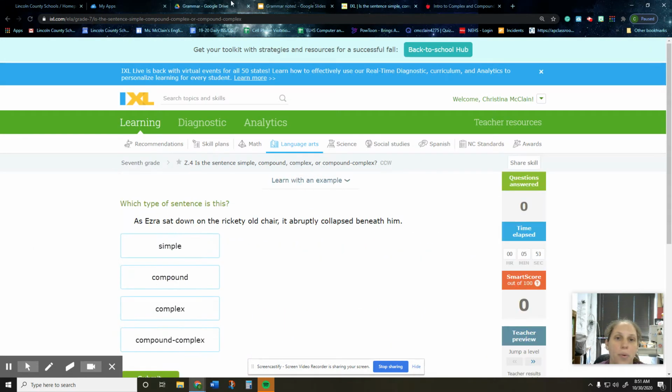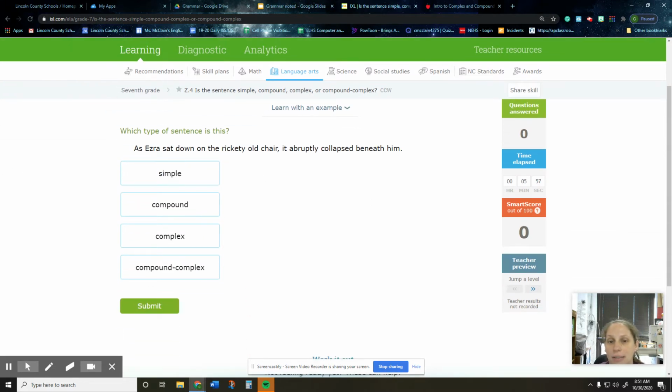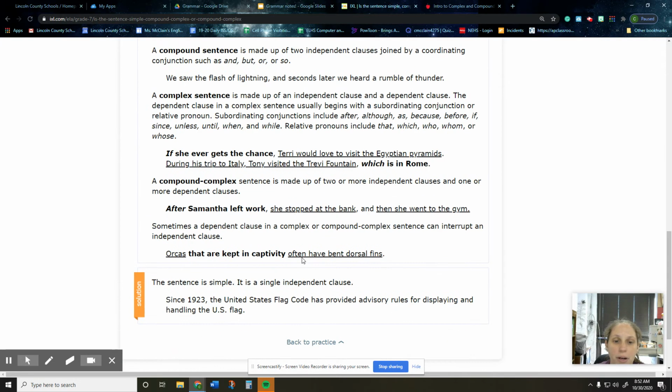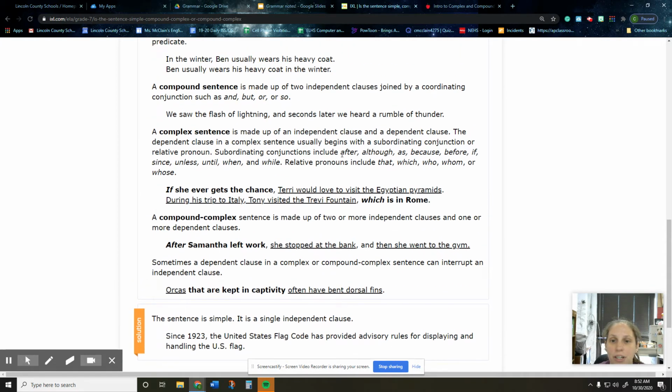So we're going to practice some of these together, and then we'll go from there, okay? So remember, your subordinating conjunctions: after, although, as, because, if, since, unless, until, when, and while. These are the most common ones. There are lots of others as well, but these are the ones you're going to see most often.